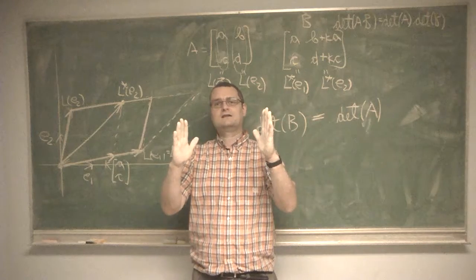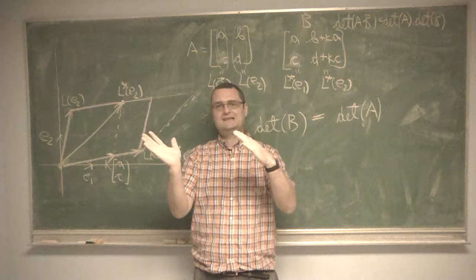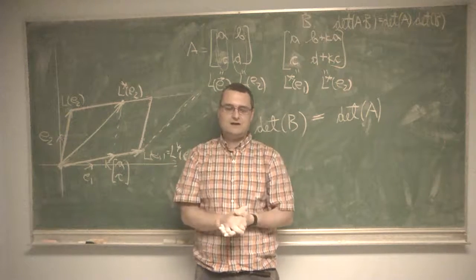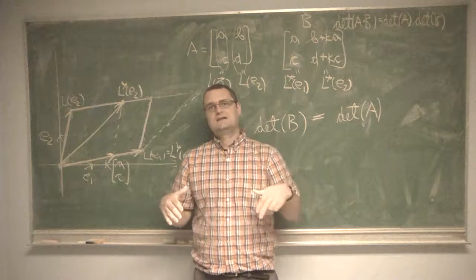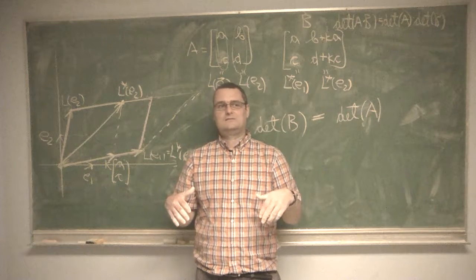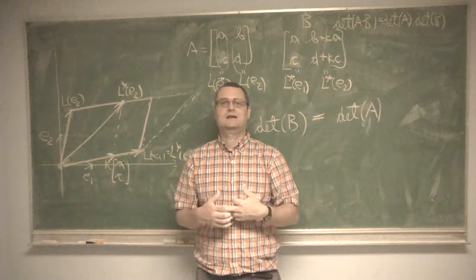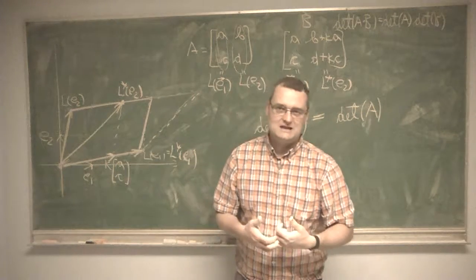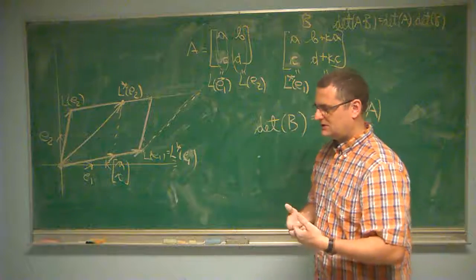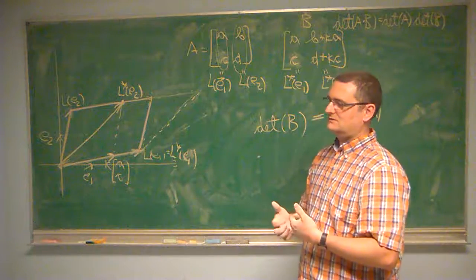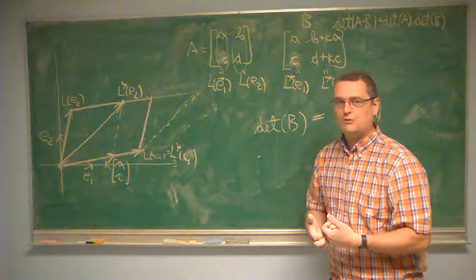You will get some parallelepiped slanted compared to the first one, but over the same base and of the same height, and so that means of the same volume. Okay, and the orientation does not change, so the determinants are equal.